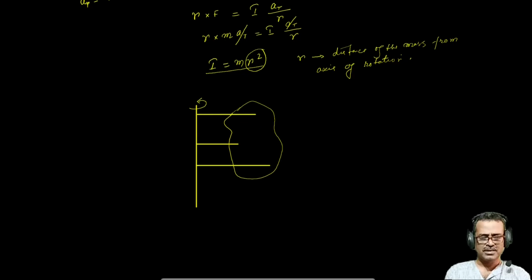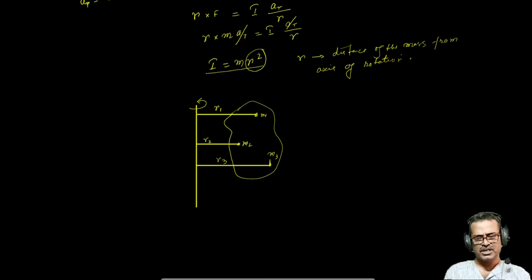Suppose this is R1 and mass M1, R2 mass M2, R3 mass M3, and so on.